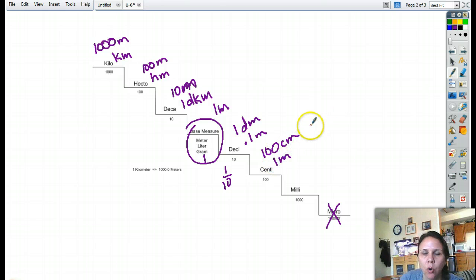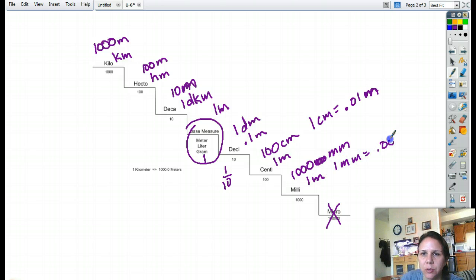Or you can even say that 1 centimeter is equal to 0.01 meters. Milli means 1,000. So 1,000 millimeters is equal to 1 meter, or 1 millimeter is equal to 0.001 meter.